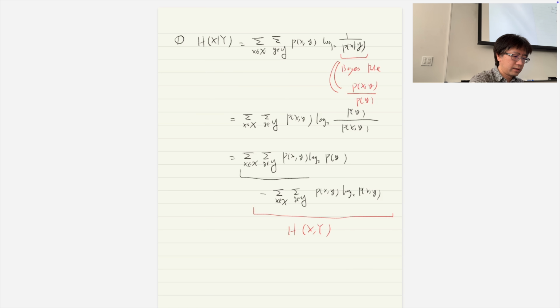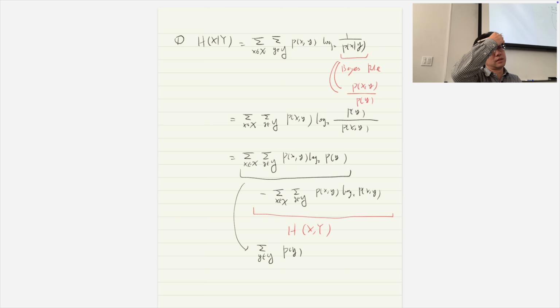Now let's do some manipulation on the first one. For this term, we have y inside and x outside, so we do the summation over x first. Because there's nothing about x inside the log, we just do a marginalization of p(x,y). Summing over all the x equals the probability of y only.